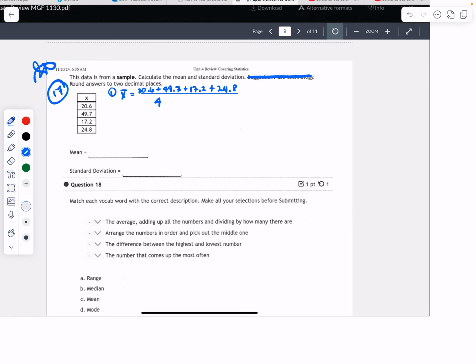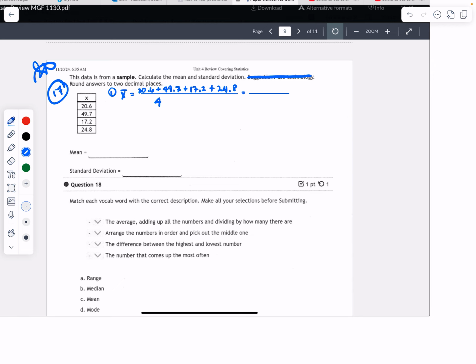So let's see when I add those together what I get. 20.6 plus 49.7 plus 17.2 plus 24.8. Let me make sure I have the right values: 20.6, 49.7, 17.2, and 24.8.